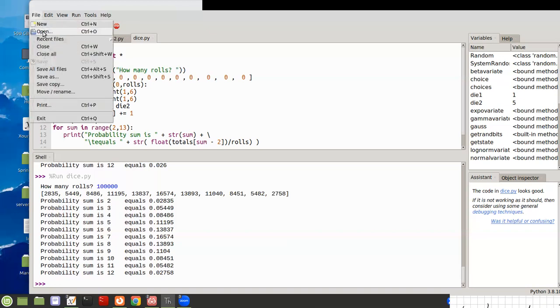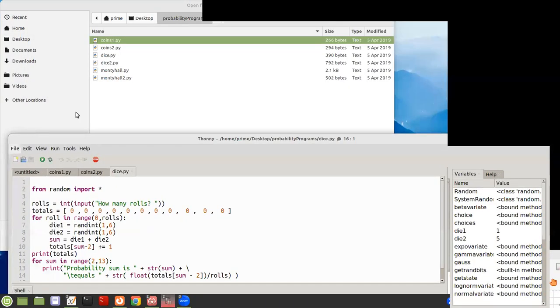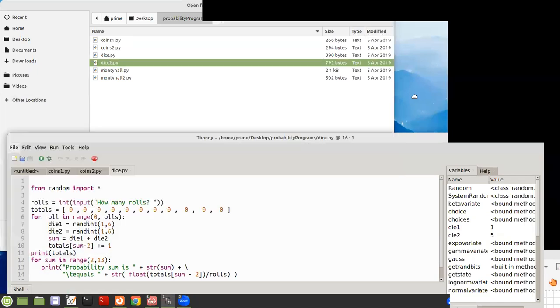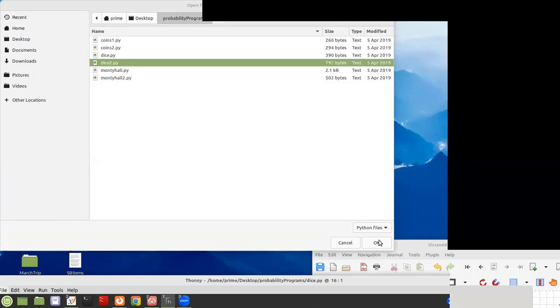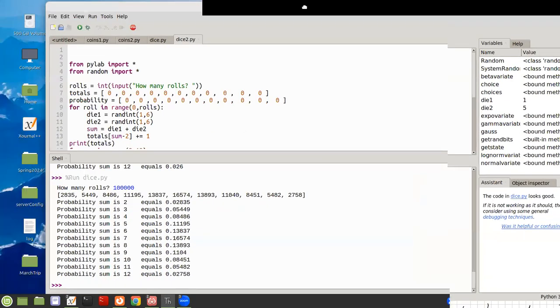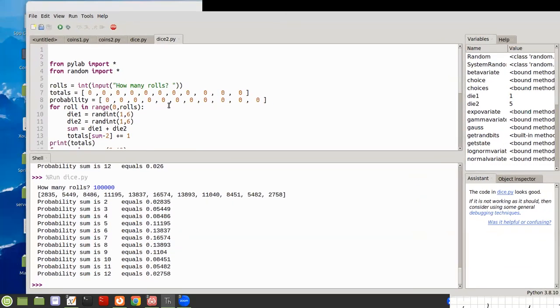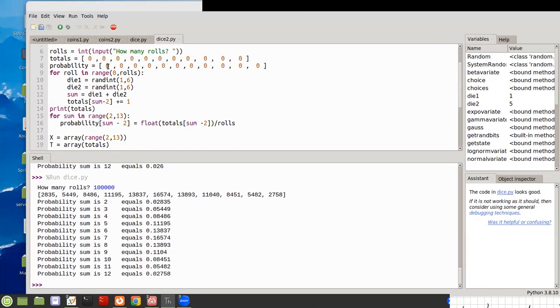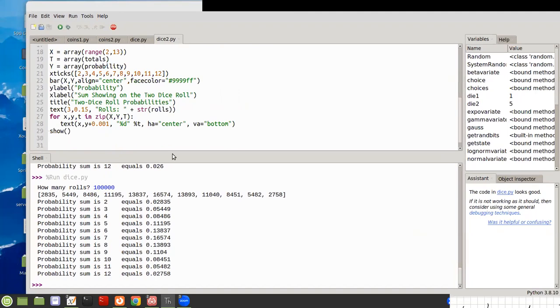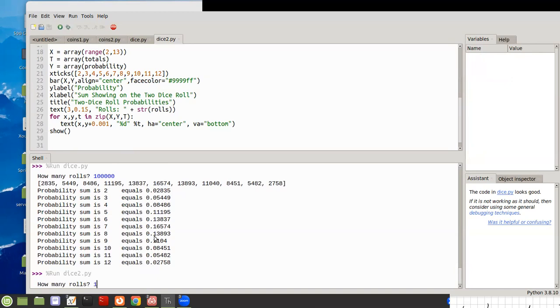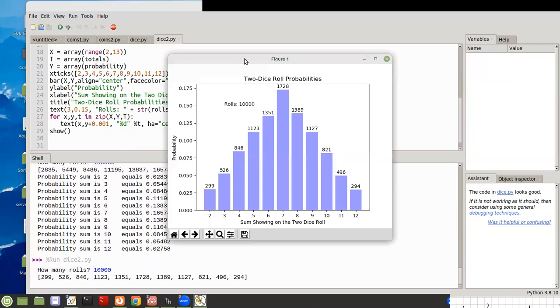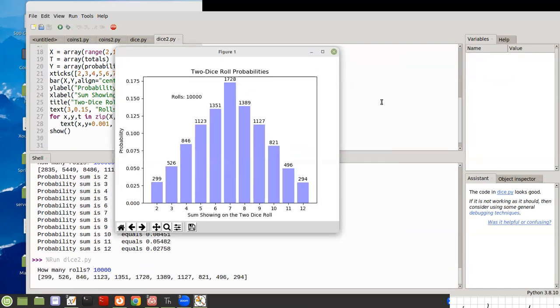Okay, well, I have some more programs here. Let's open the second one here. And with this second one, let's see how many rolls. Let's do 10,000. What it does is it makes a bar chart, which is much easier to see what's going on.